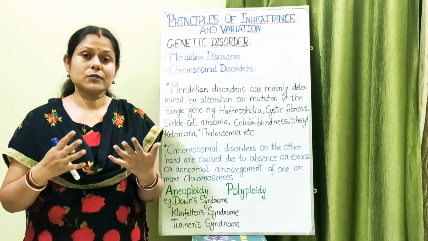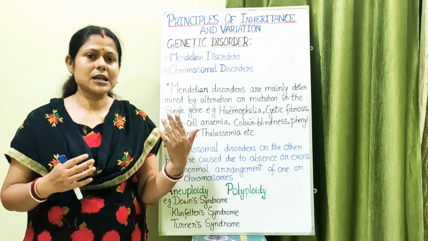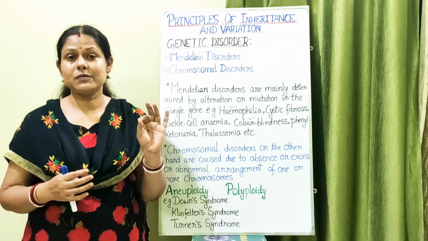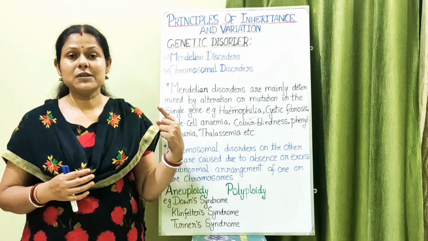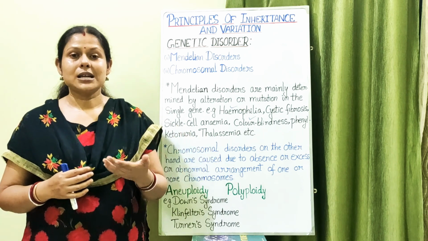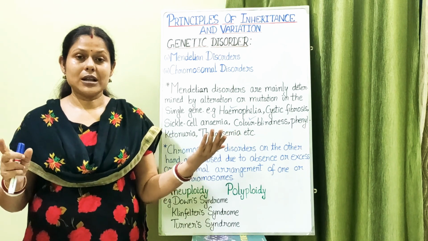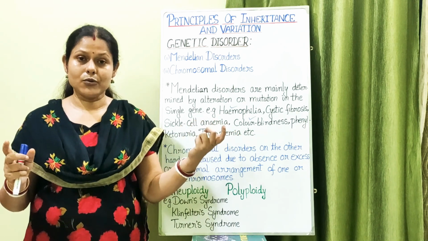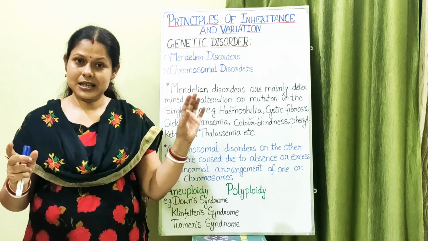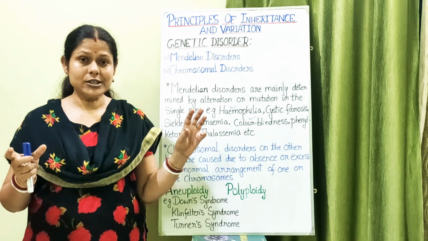So suppose because of non-disjunction, it can happen with autosomes, and it can happen with allosomes also. If it happens with autosomes, suppose one extra autosome has passed to one pole and one is less in the other. Then one gamete will have 24 chromosomes, and the other will have 22 chromosomes.